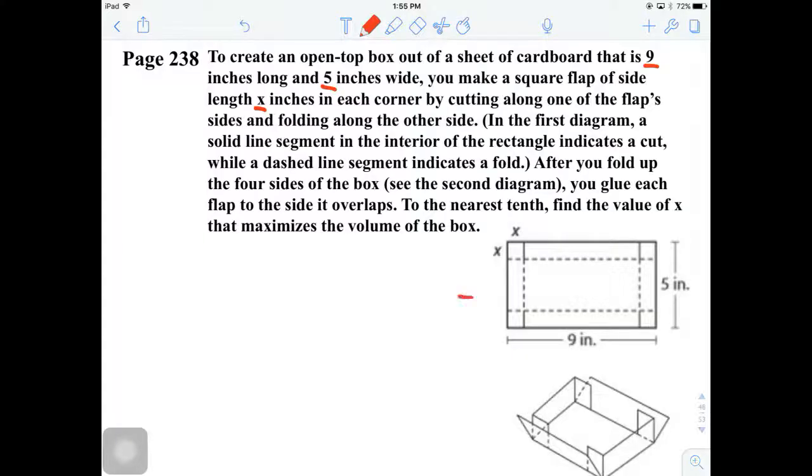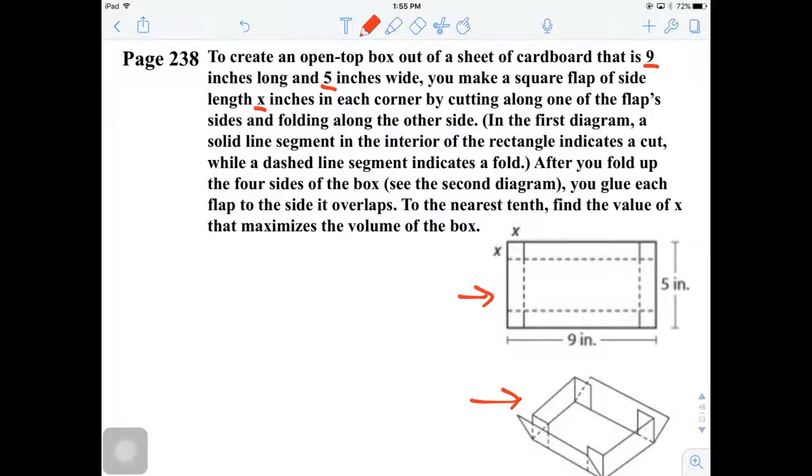So this is kind of like a picture of what it looks like. In the first diagram, a solid line segment in the interior of the rectangle indicates a cut. So solid means cut, dotted means fold. And after you fold up the four sides, you should have something that looks kind of like this.